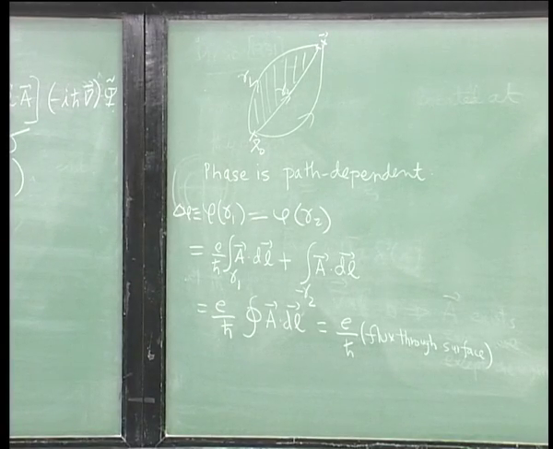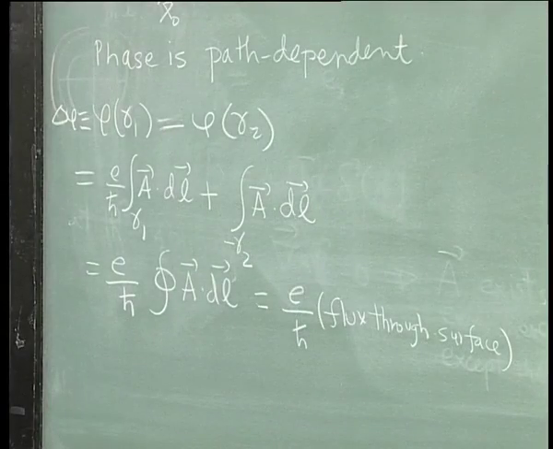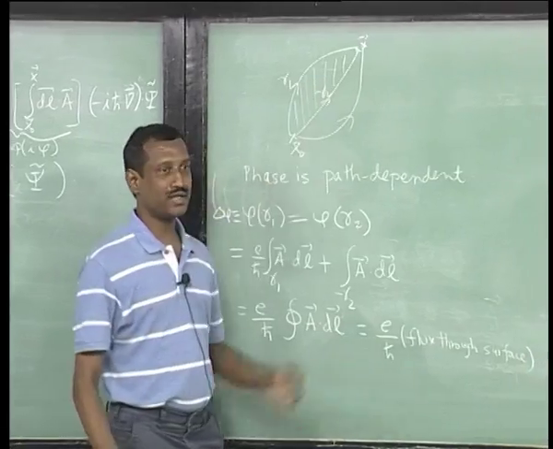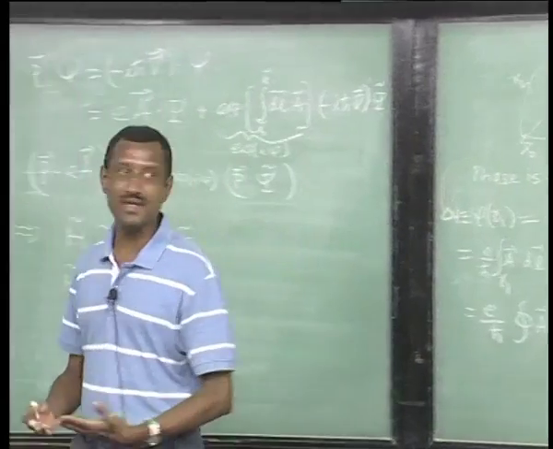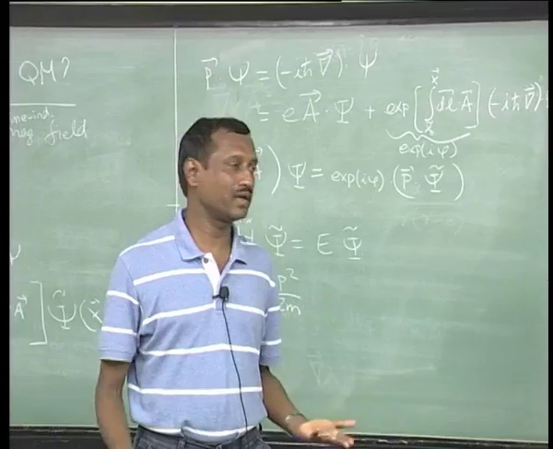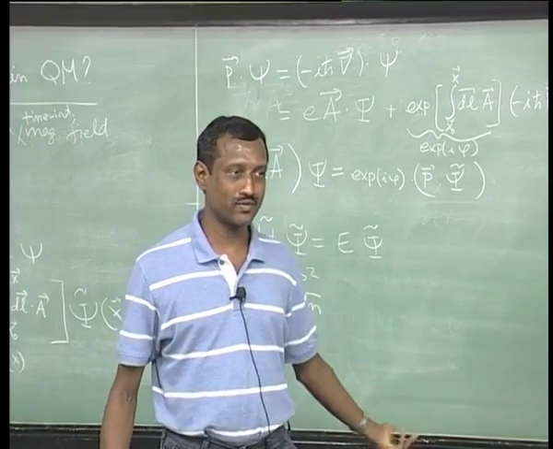Okay. So clearly this should be observable. And you can see that if you are in a region where B is 0, then there is no flux, you would not observe the flux.